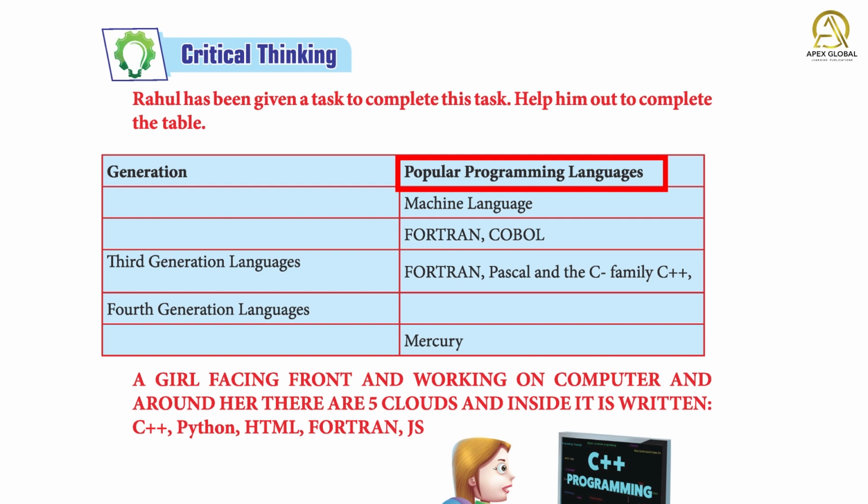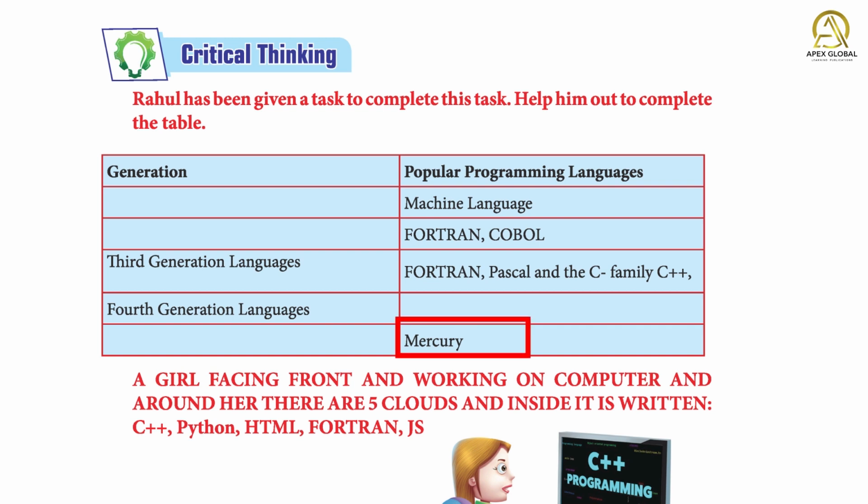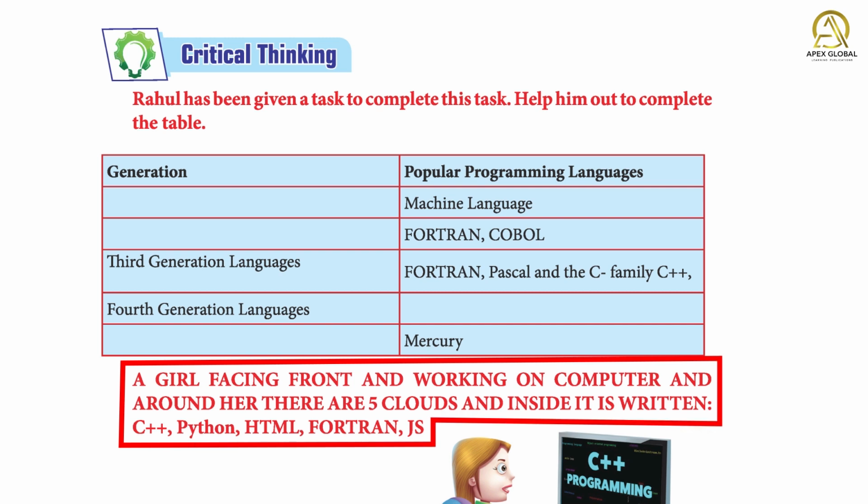Popular programming languages: machine language, Fortran, COBOL, Pascal and the C family, C++, Perl, Python, Ruby, SQL, MATLAB, Mercury, Prolog, OPS5. A girl facing front, working on a computer, and around her there are 5 colors, and inside them is written C++, Python, HTML, Fortran, JS.